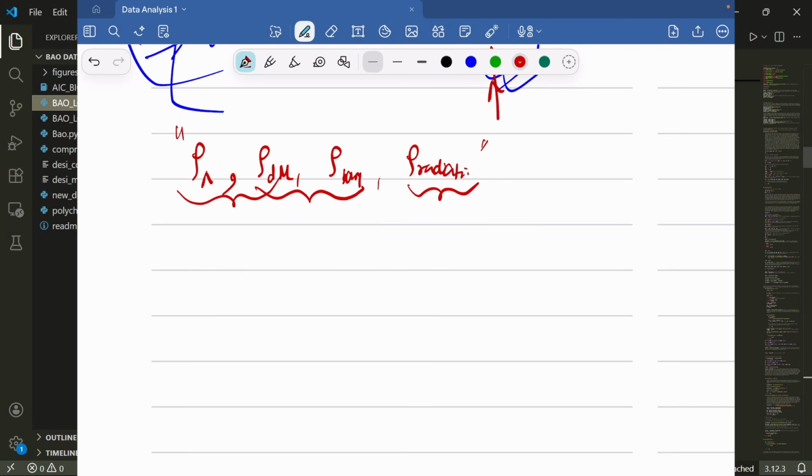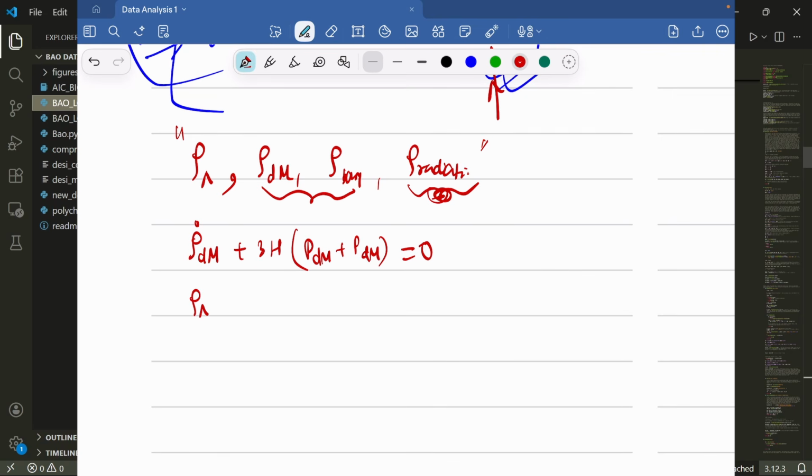All right, so we are actually working at the background level, so we just have to understand how their energy densities are behaving, not at the perturbation level. So now let's say I have these two components, baryon and dark matter. I will write rho dark matter dot plus 3h times (rho dark matter plus p dark matter) is equal to 0.